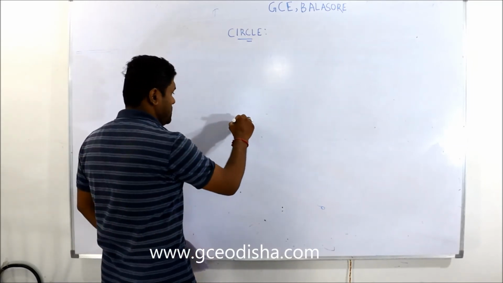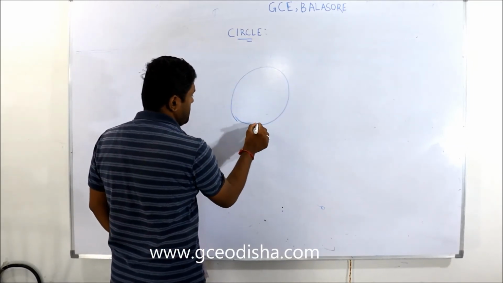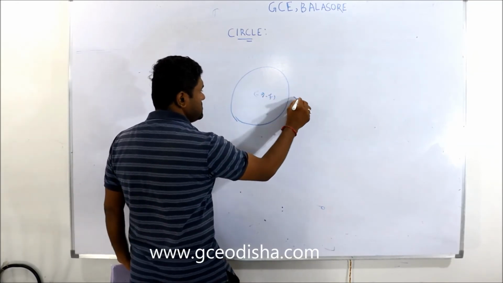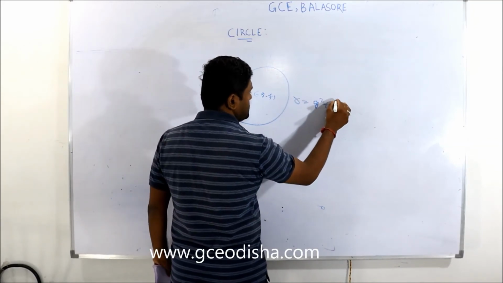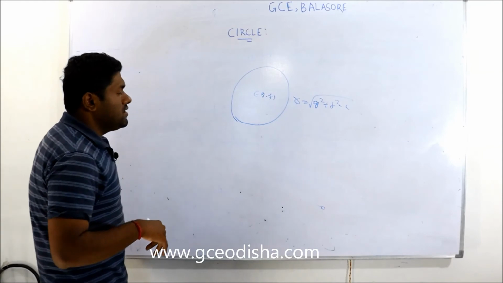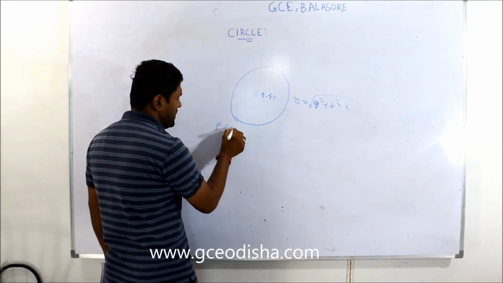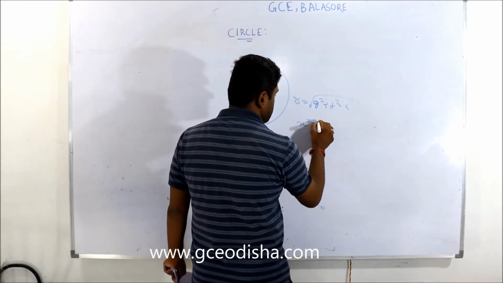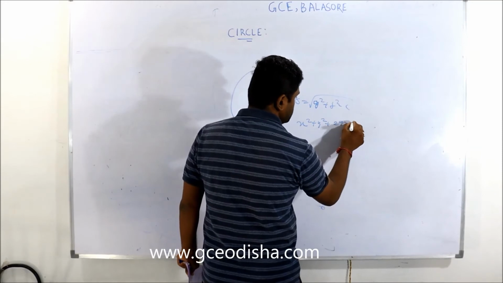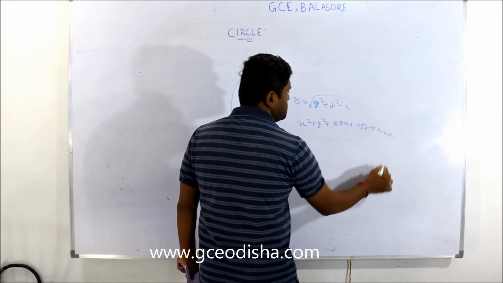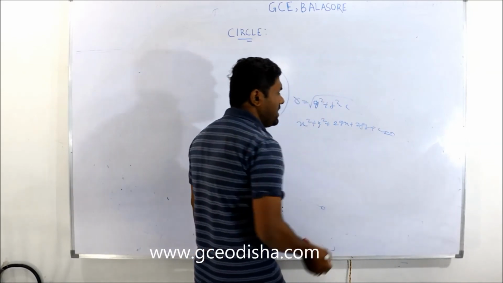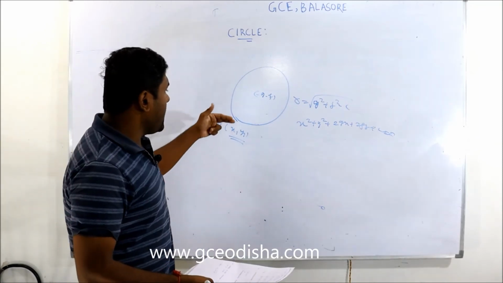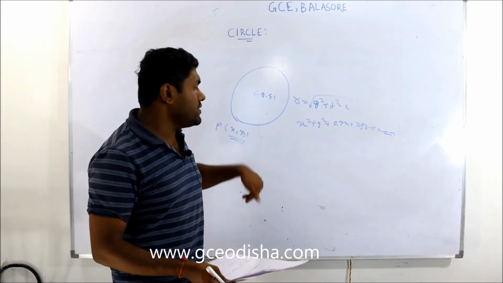Another concept is there, like the circle. The center is (minus g, minus f) and the radius is root over g square plus f square minus c. They give us some point P (x1, y1), and the equation of the circle is x square plus y square plus 2gx plus 2fy plus c is equal to 0. They ask to find whether the point lies on the circle, inside the circle, or outside the circle.